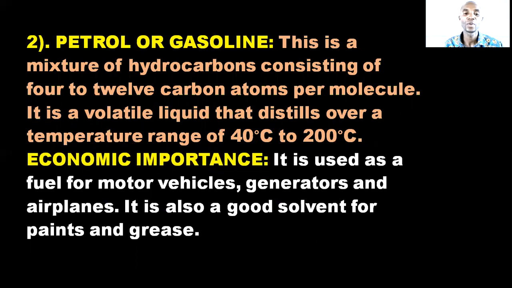From 4 to 12 now, they are liquid in nature. That means they exist in different states, and we have several members of them. Their economic importance is that they are used as fuel for motor vehicles, generators, aeroplanes, etc. And they're also good solvents for paint and grease.